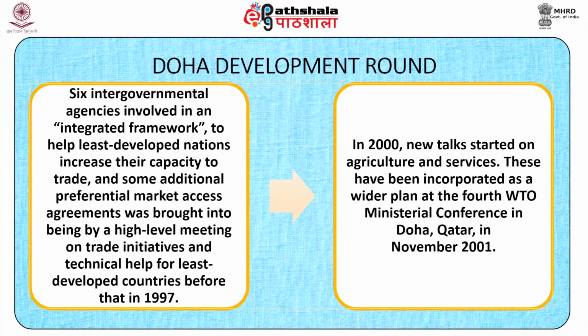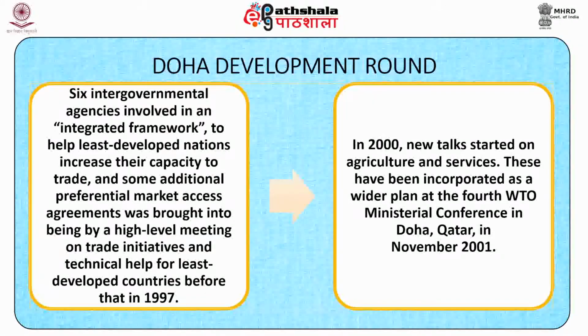They shall make continuous efforts to make sure that developing countries and especially the least developed among them get a part in the growth of world trade in tandem with the needs of their economic development, given the preamble to the Marrakesh Agreement. 6 intergovernmental agencies involved in an integrated framework to help least developed nations increase their capacity to trade.